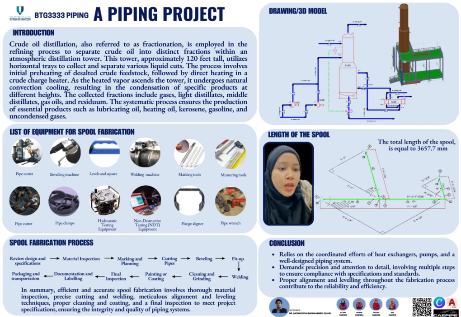The last pipe, pipe 4, includes the flange, gasket, equal tee, and also the root gap of 8 mm. The total length for pipe 4 is about 1487.2 mm. So the total length for the spool including all pipes 1, 2, 3 and 4 is about 3657.7 mm.